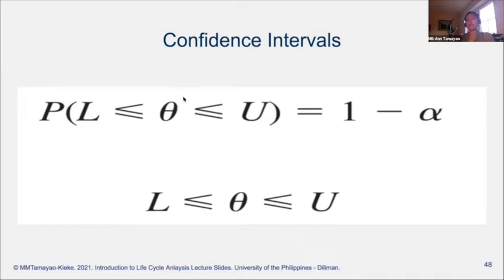You can have a 95% confidence interval, and that is defined as the probability that your parameter, for example your mean, lies between your lower value and your upper value. So that's the definition of a confidence interval. For example, in a 95% confidence interval, there's a 95% probability that your true mean will lie within that interval.